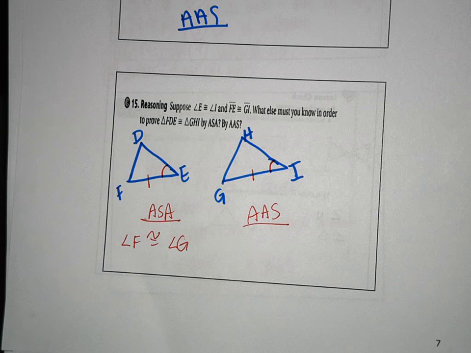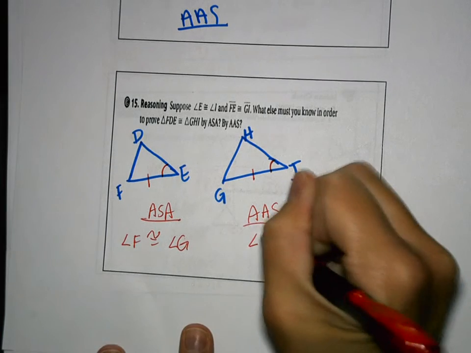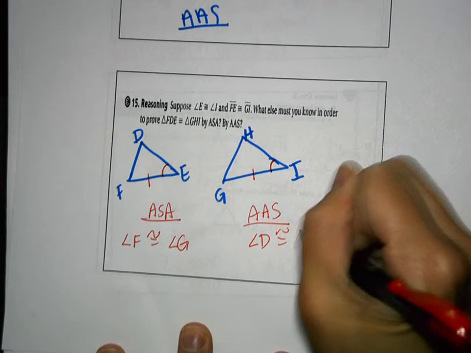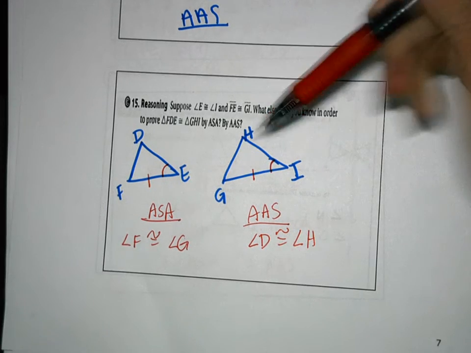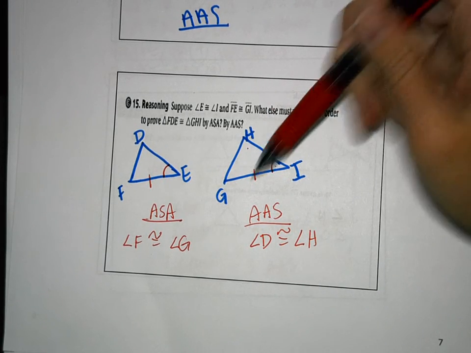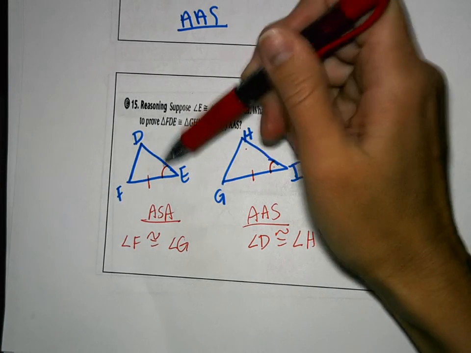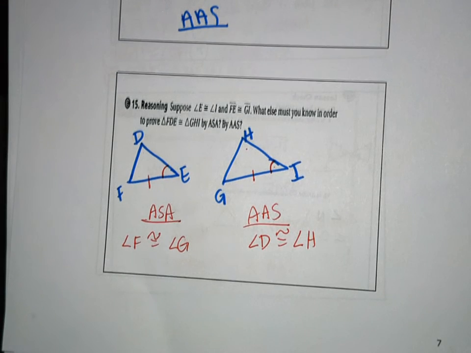All right, Riley, what'd you get? Perfect. Angle D needs to be congruent to angle H, because that would then make angle, angle, and then the side. Angle, angle, and the side. Okay? Any questions?